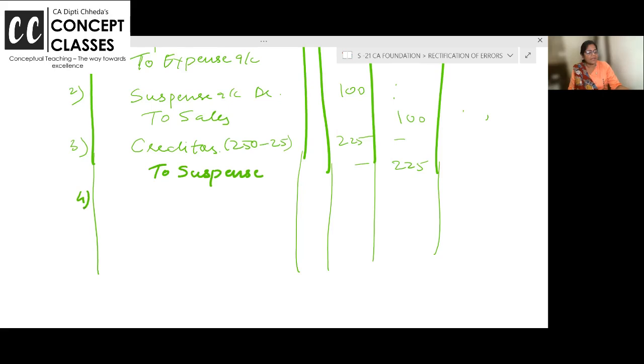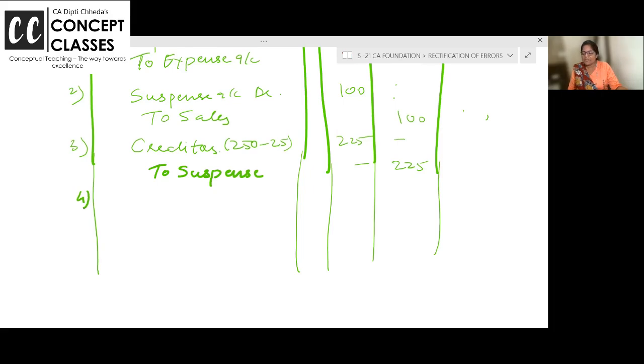Sales return of 100 from a party has not been posted to the account through that party.